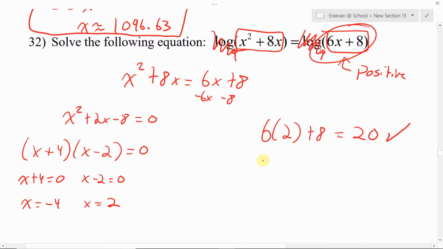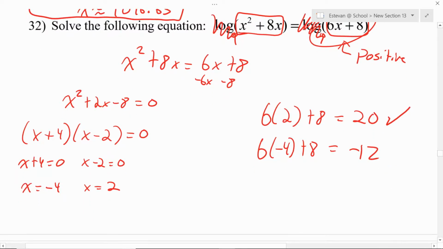Next, when I try negative 4, I have 6 times negative 4, plus 8. That results in negative 16.